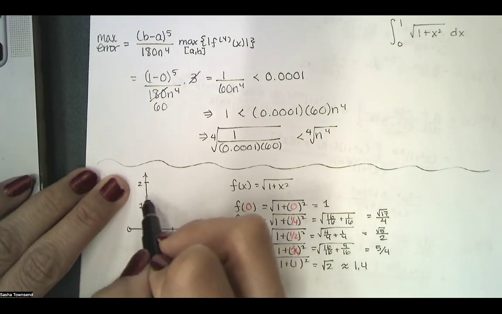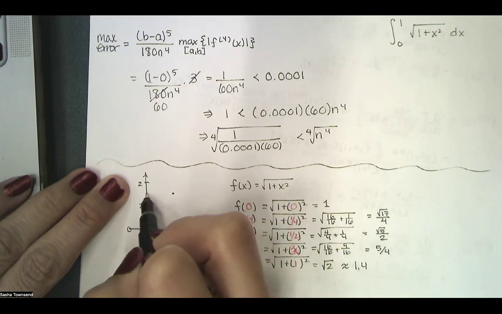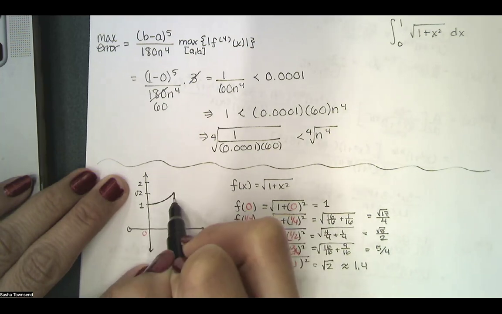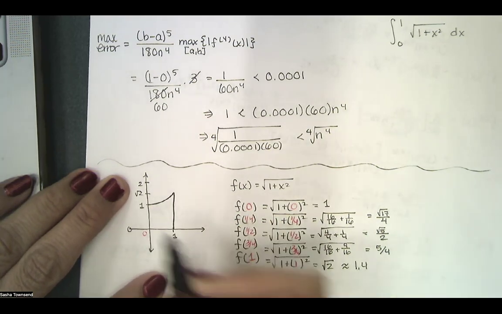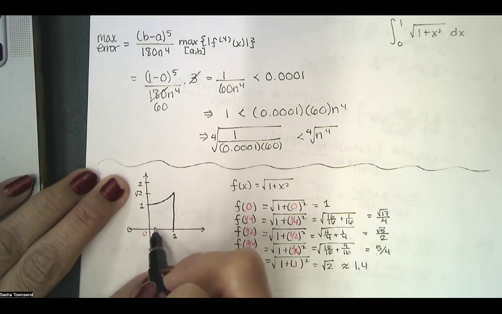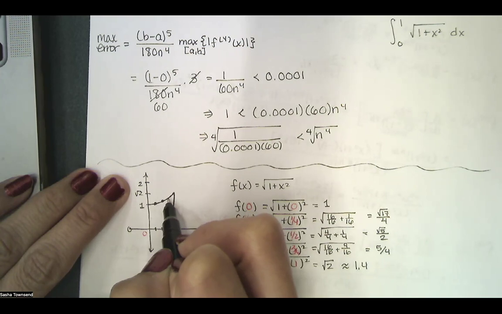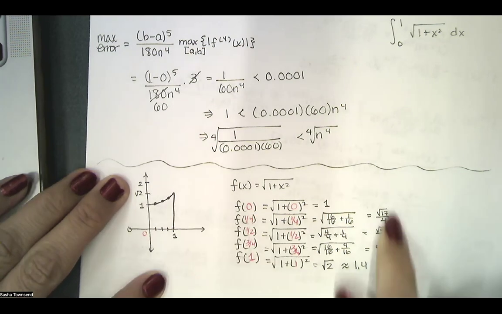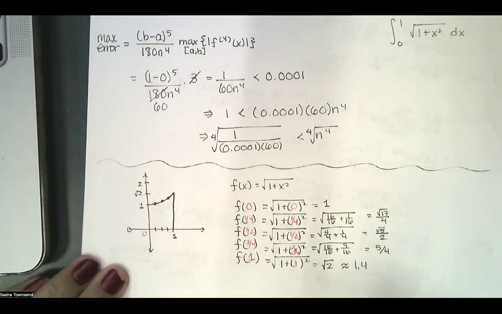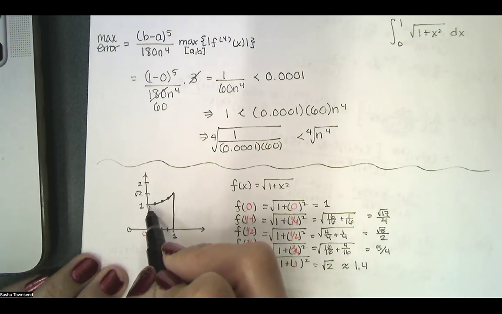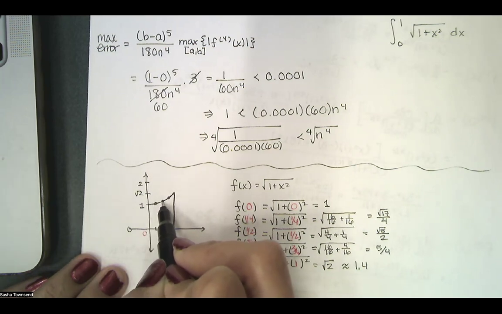So my graph is going to look like this. And these are our function values. They're given by these, and we can approximate the function with a second degree polynomial using x equals 0, x equals 1/4, and x equals 1/2.